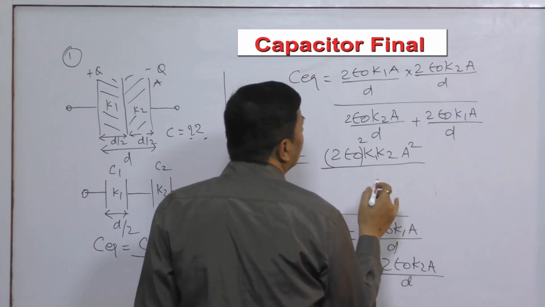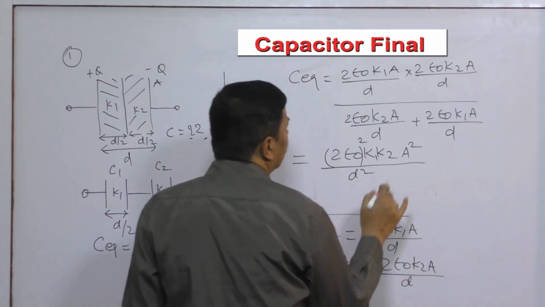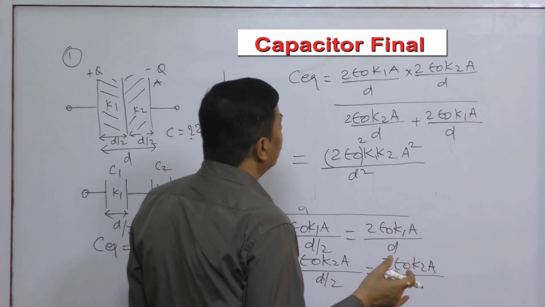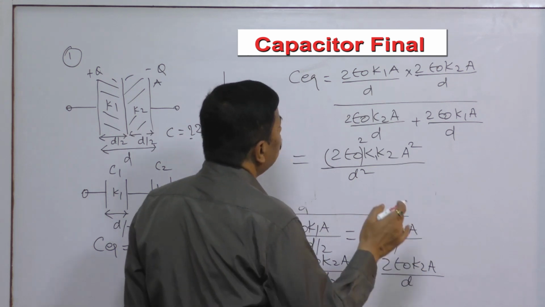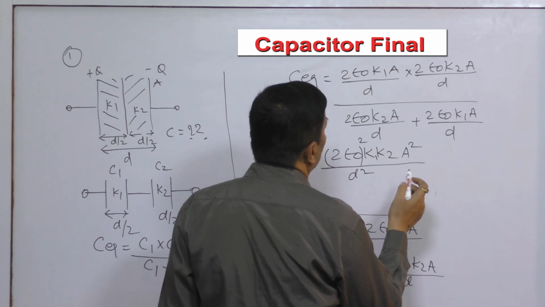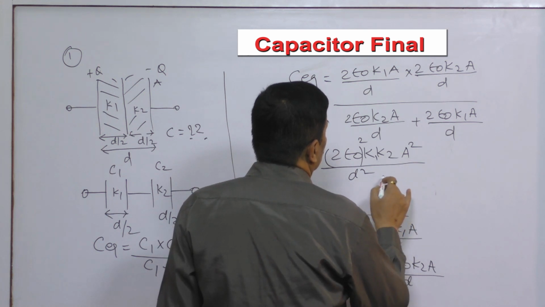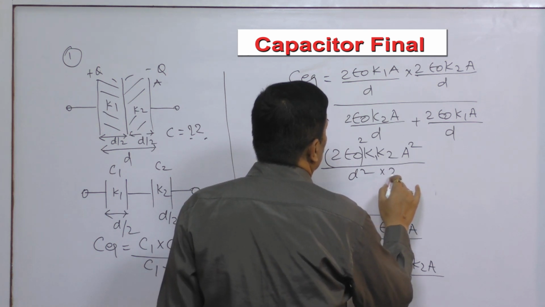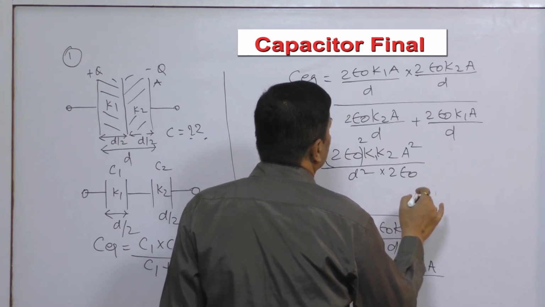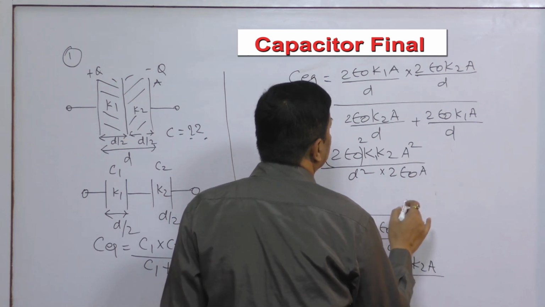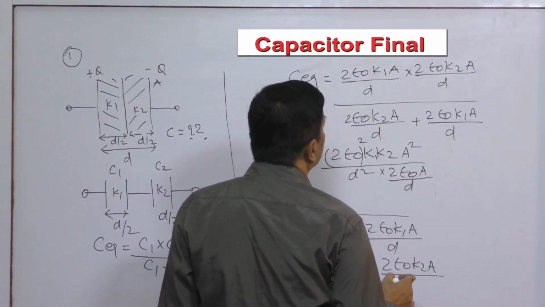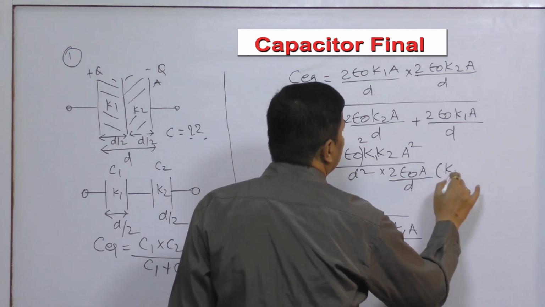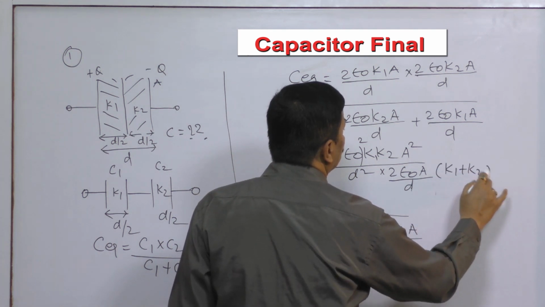Here we can take 2 epsilon naught A by D common in the bracket, it will be K1 plus K2.